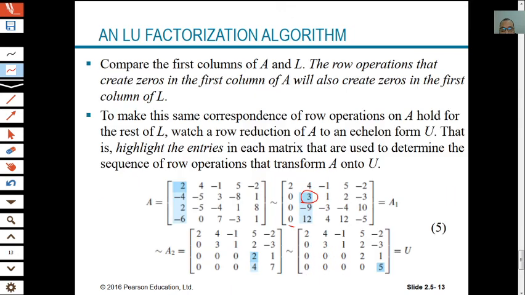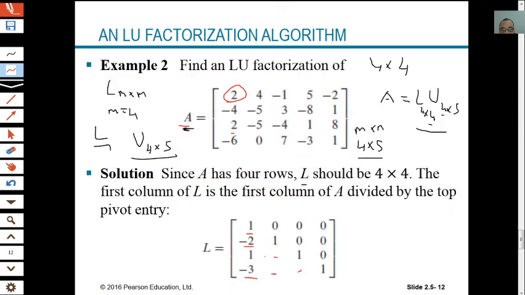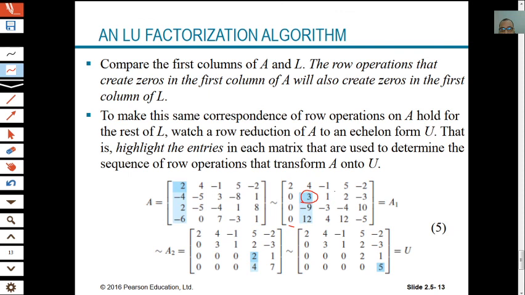Therefore, when we divide by 3, we get minus 3 and 4. Minus 3 and 4. After row operations again, we get 0 for minus 9 and 12. And you see we have 0 here.